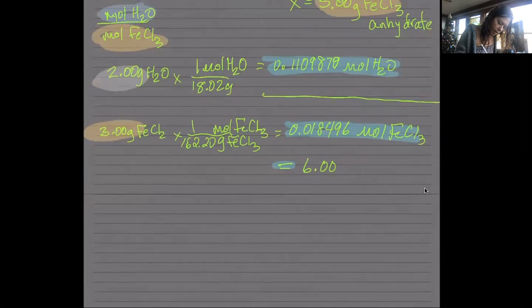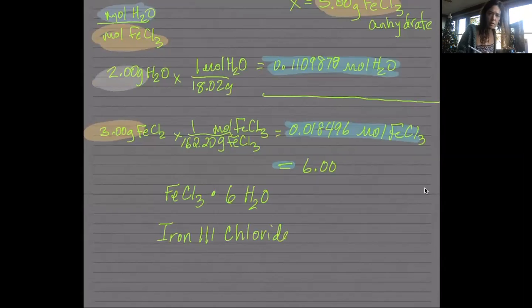So I must have FeCl3.6H2O, and that is iron 3 chloride hexahydrate. Boom. Okay.